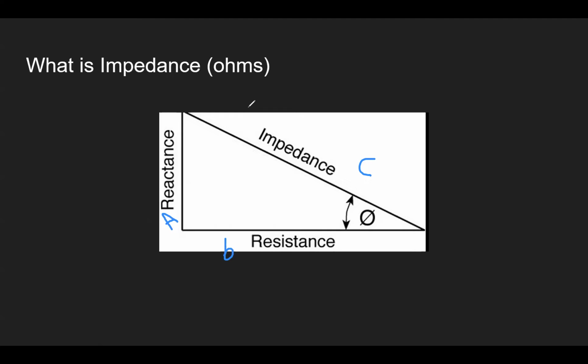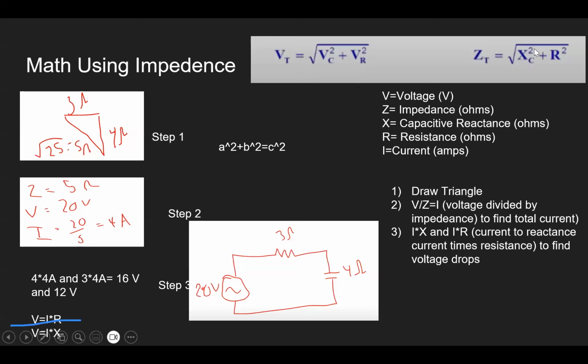So the square root of reactance squared plus resistance squared will give you impedance. And impedance is important to know because once we have it, we can solve for other parts of the circuit.